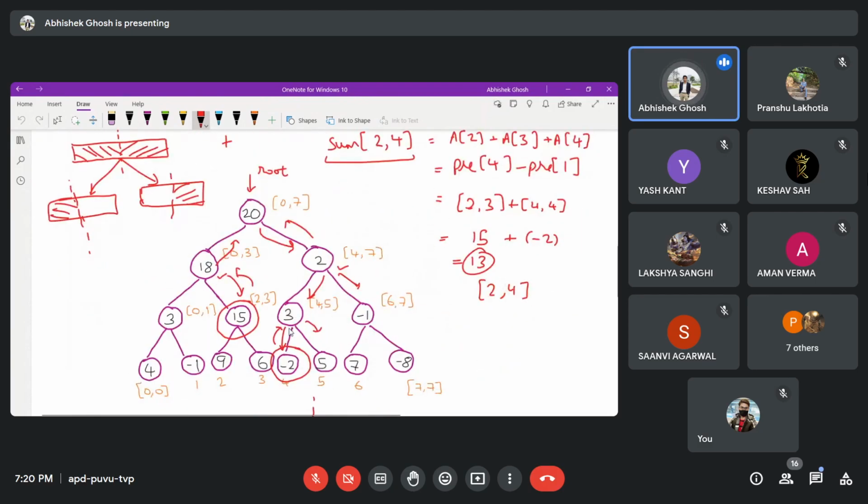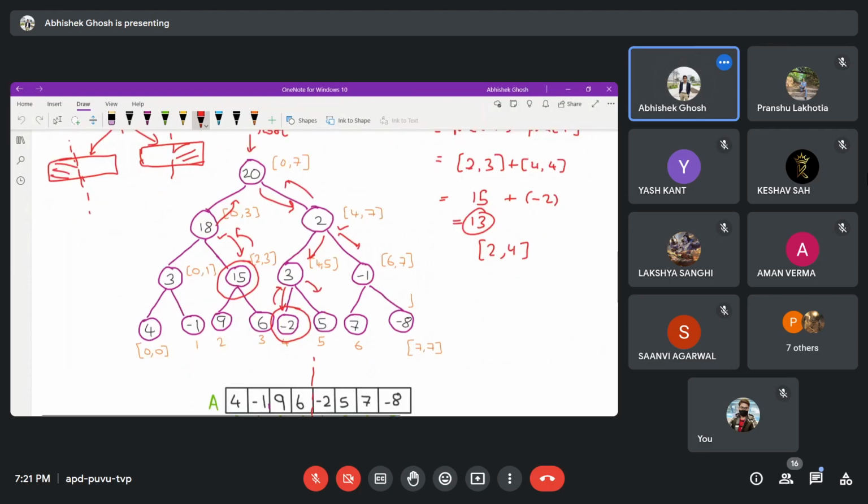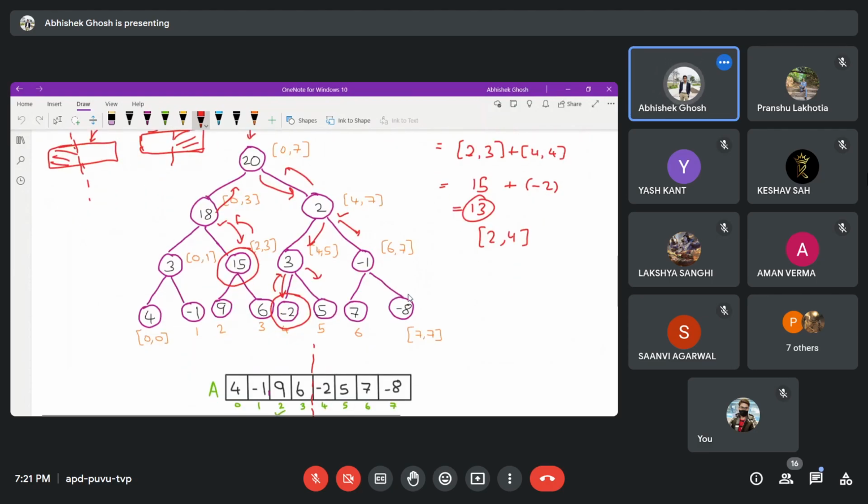We'll understand this in depth in the next part of the session. So, okay, so querying is simple, right? I have some answer to some smaller problems and I combine it to get the answer to the larger problem at hand. This is what segment tree basically does, divide and conquer. We are dividing the problem and we are assembling the smaller parts to get the answer to the larger part.